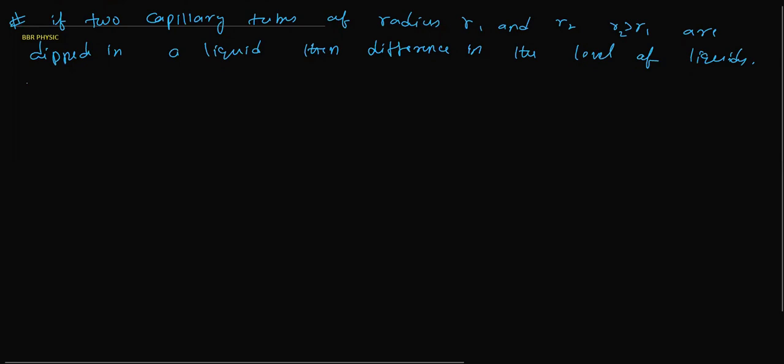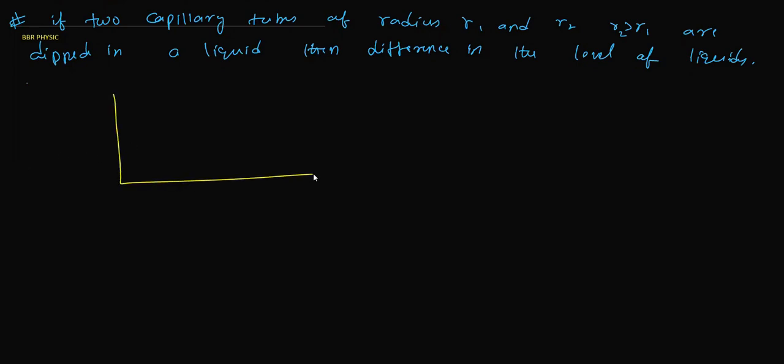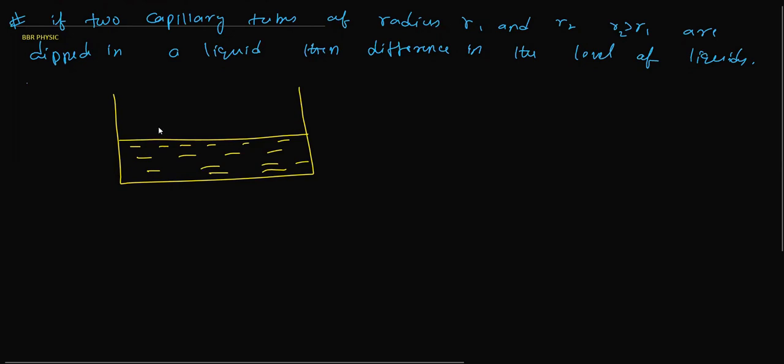For example, let me consider this case. We have a container filled with some liquid. Now we are going to dip two capillary tubes like this. This is one capillary tube.